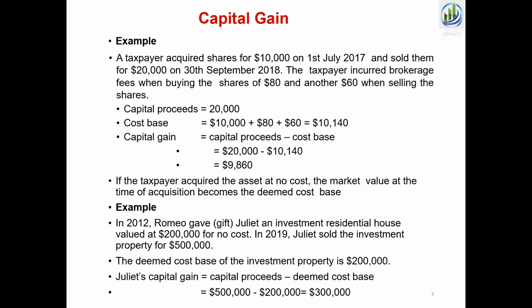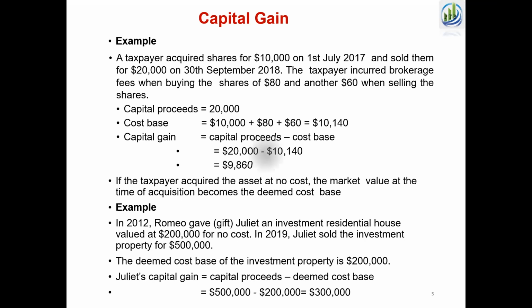However, when we do the tax return for Romeo, we do it as of the date of the gift. What is the market value? That's the sales price. So there are two tax returns here, one for Juliet, one for Romeo. The important part to understand here is that the market value at the date of the gift is considered the capital proceeds for Romeo and the cost base for Juliet.